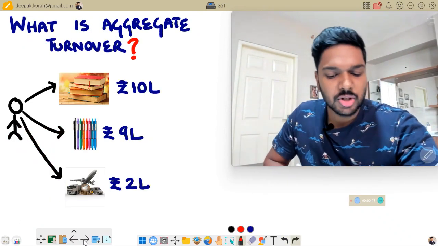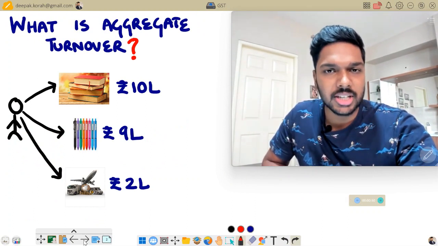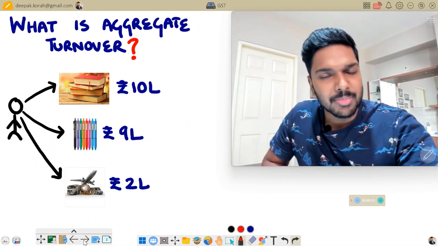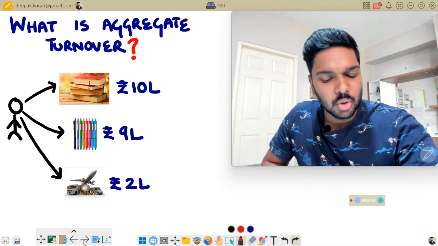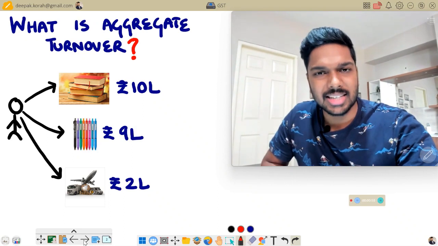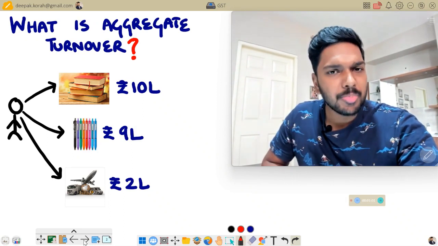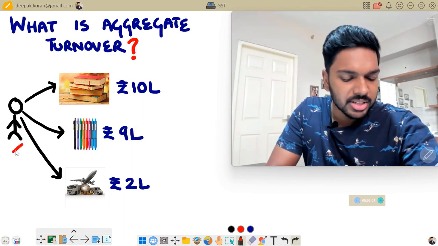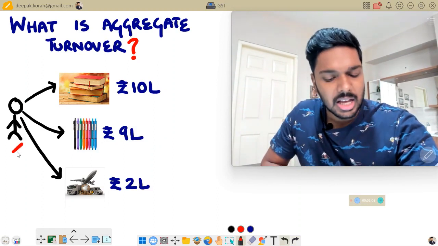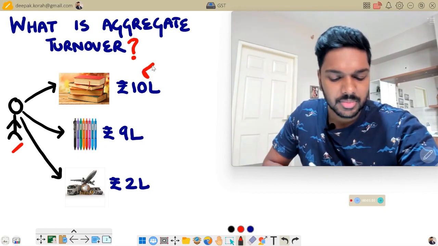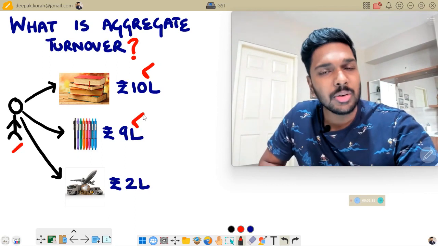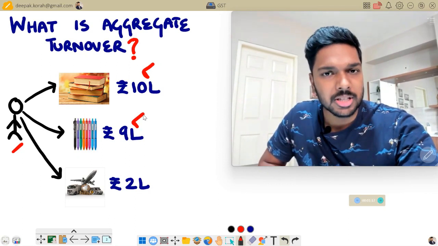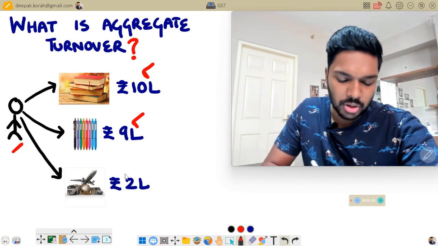Well, having understood the basic criteria for obtaining a GST registration, a major element in it is aggregate turnover. Now, what is aggregate turnover? To understand this concept, let's take the help of an example. Let's say you as a person or an entity or your business is into a sale of books from which you get a turnover of 10 lakhs, sale of pens from which you get a turnover of 9 lakhs in a year, and you're also involved in the supply of transportation services from which you get a yearly turnover of 2 lakhs.